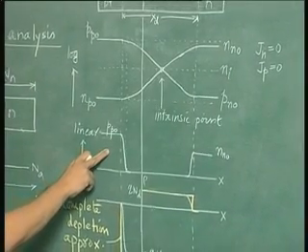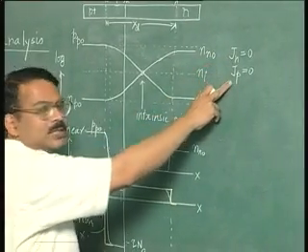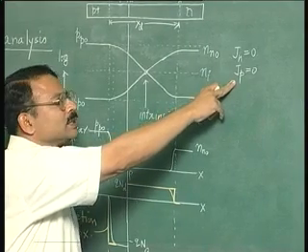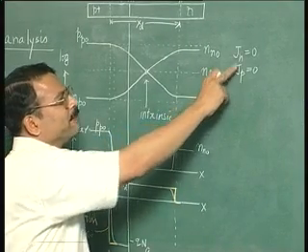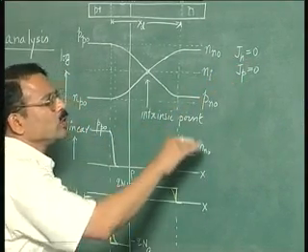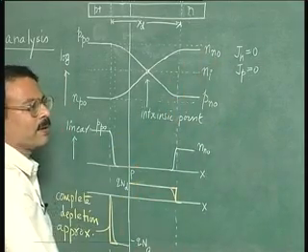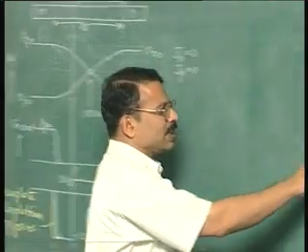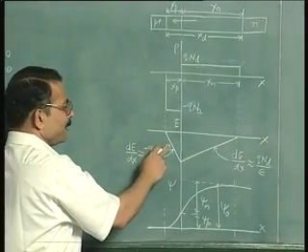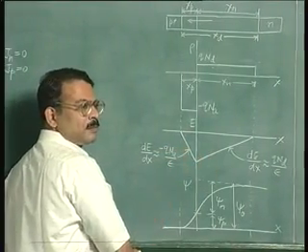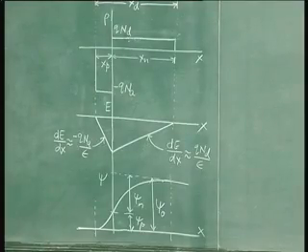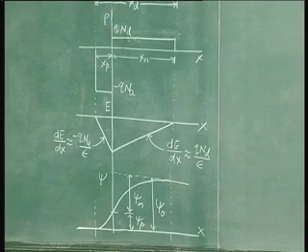Then Jn and Jp are 0 because the device is under equilibrium. Everywhere Jn is 0 and Jp is 0, so we don't have to sketch a graph to show this. Then finally we have sketched the electric field, E versus X. So the qualitative analysis is complete.